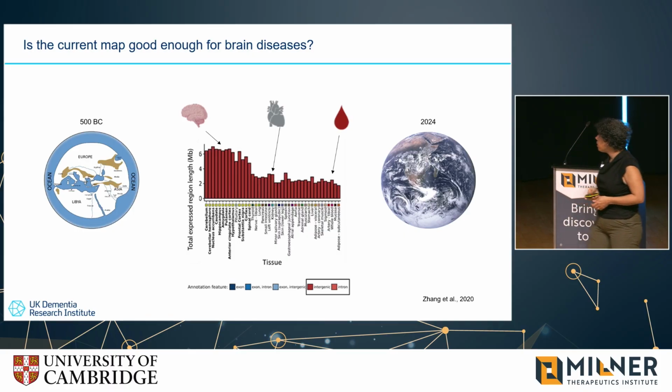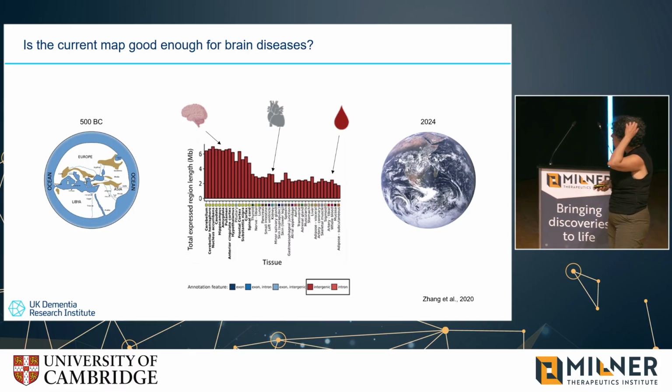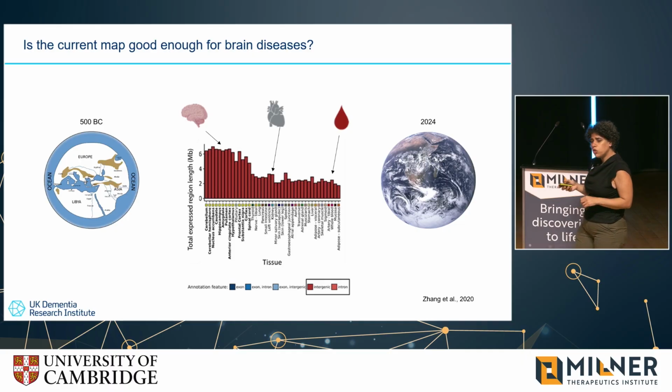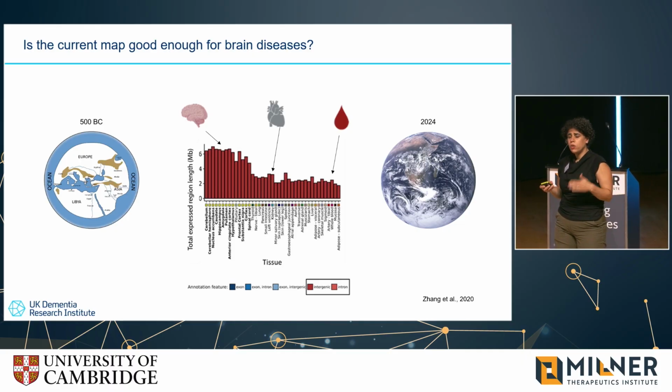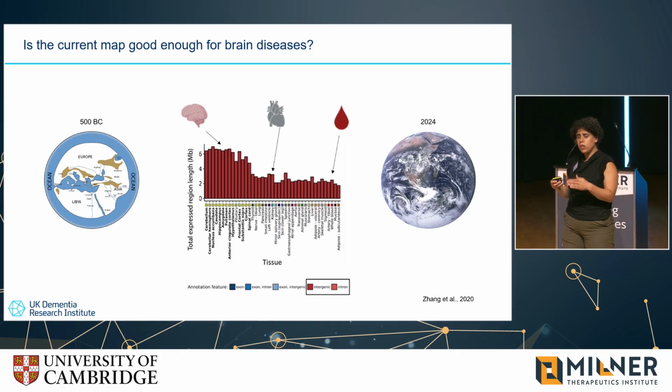And so we set about trying to define that in a project about 5 years ago, which essentially used short-read RNA sequencing data and asked a really simple question: if you map short-read RNA sequencing data to the genome, does it map to the exons, or do you have transcribed genomic regions which are not within exons that we know of at the moment?